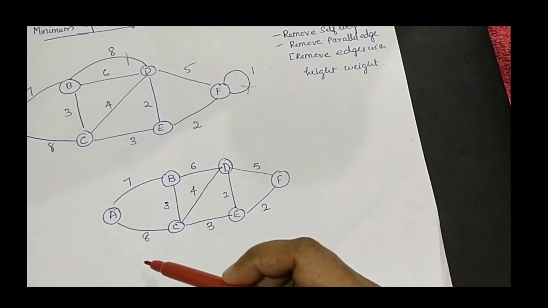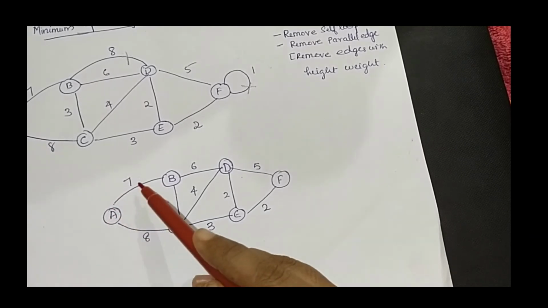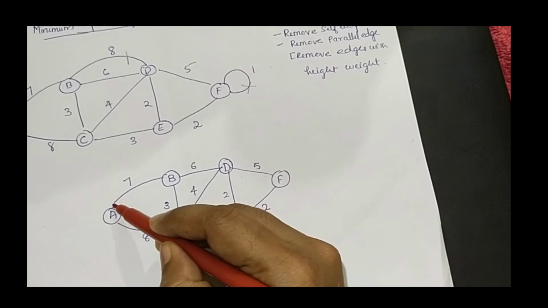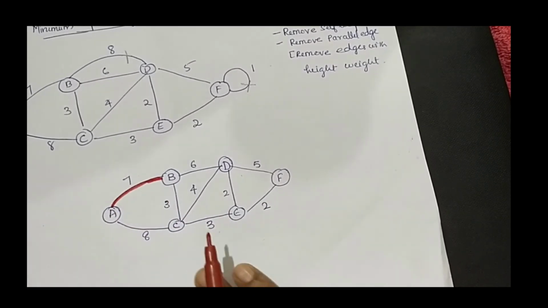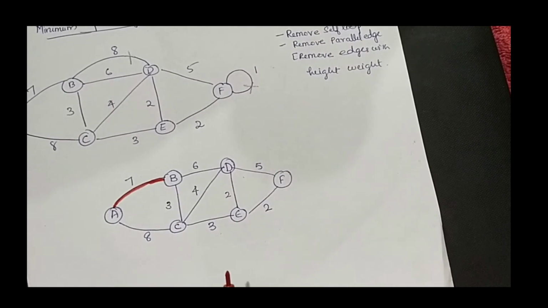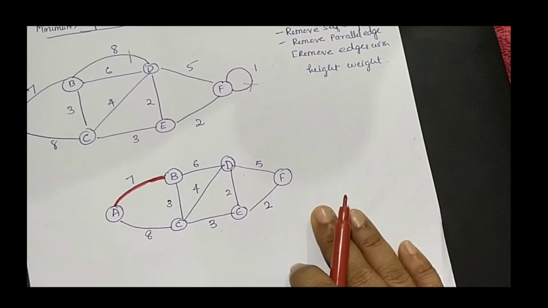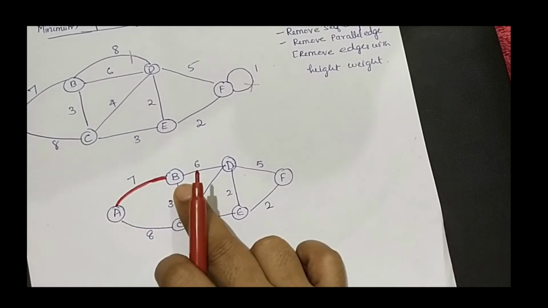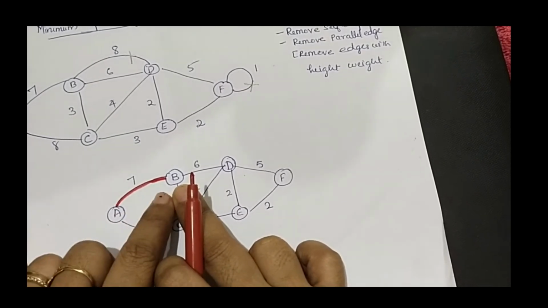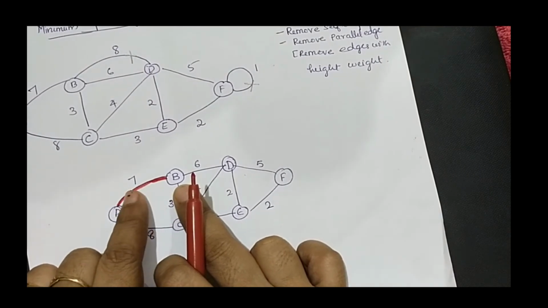Which one is minimum here? You can see this one is minimum, so I'm going to take this edge. I'm drawing it above with a different line, but in the answer paper you have to draw it as a different diagram.